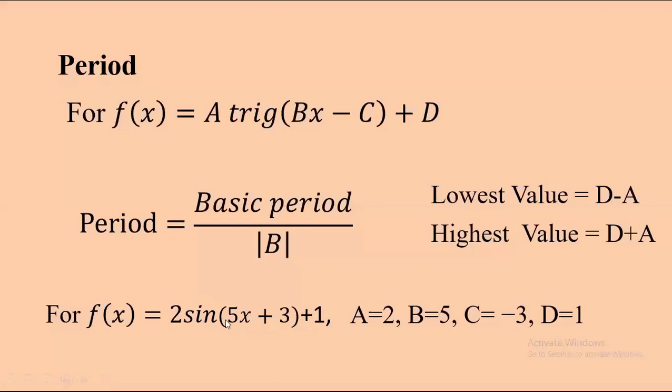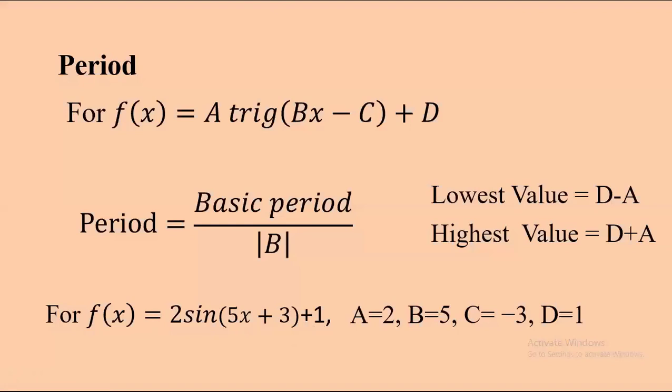Again, the basic period of sine is 2 pi divided by the coefficient of x, that is 5. And the lowest value is d minus a, and the highest value is d plus a.